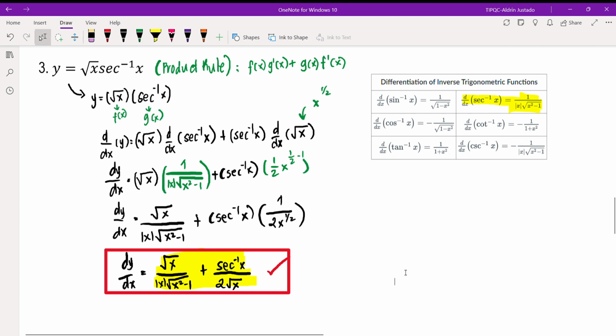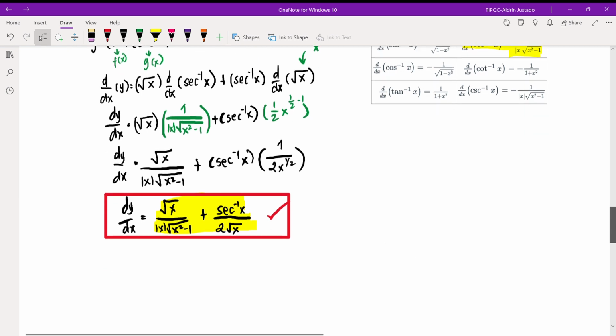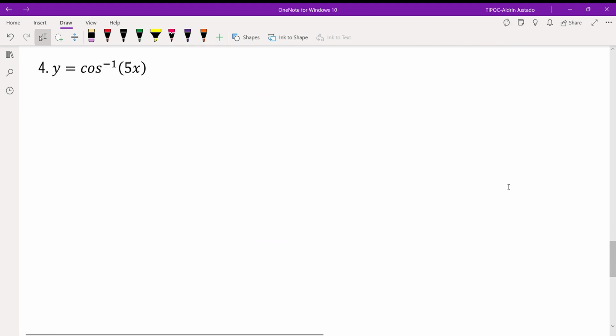Okay. Let's try to solve situation number 4. Example number 4. So, you have your, tawag dito, y is equal to arc cosine of 5x.